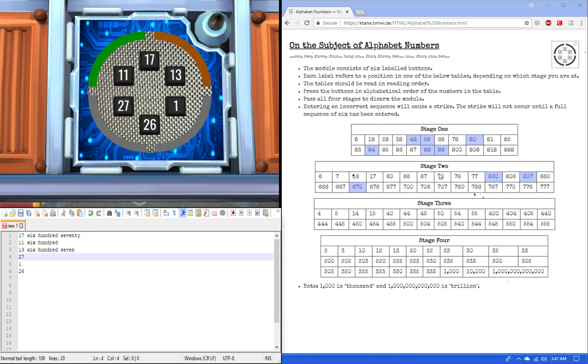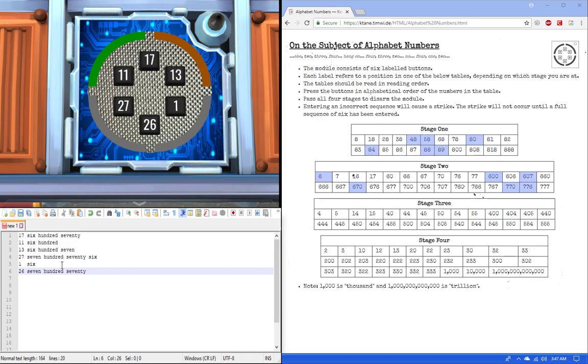Next we have 27, so this is 14, 15, 16, 17, 18. This is 28, this is 27. So that's going to be 776. 1 is just 6 right there. And 26 is, let's see, that's 28, 7, 6. That's 770.